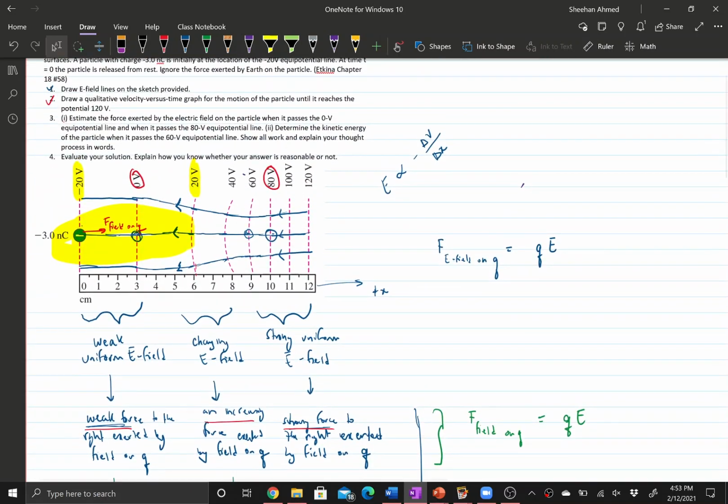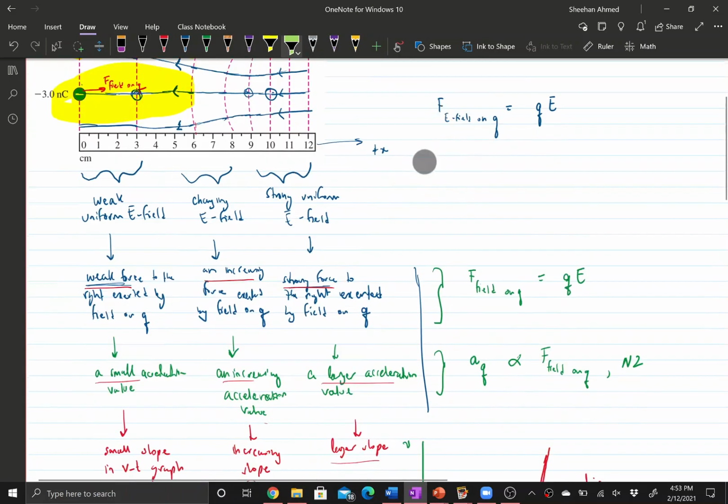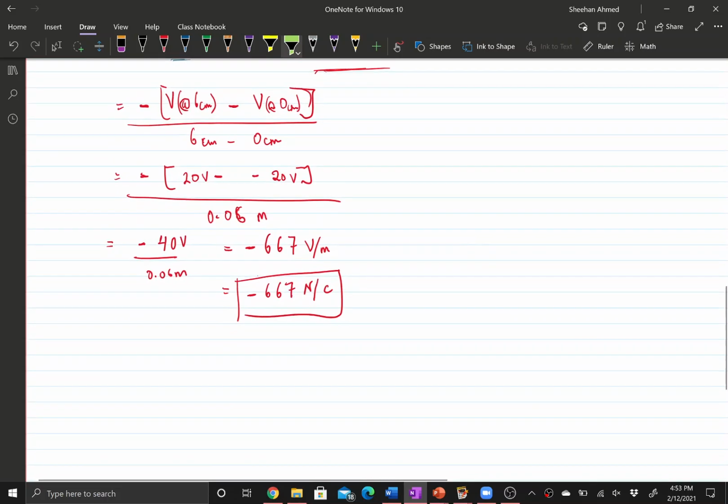Then I need to estimate the force. So I've only found the E field. Now, if I want the force that the field exerts on Q, I can do Q times the strength of the E field, which was this.